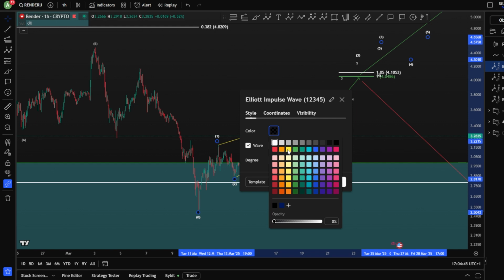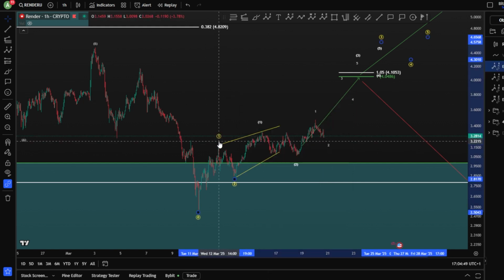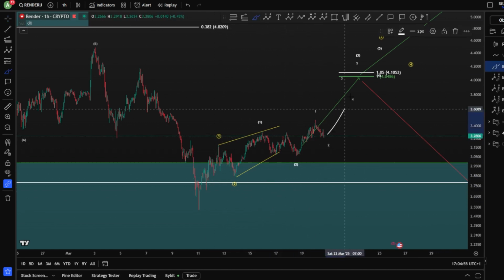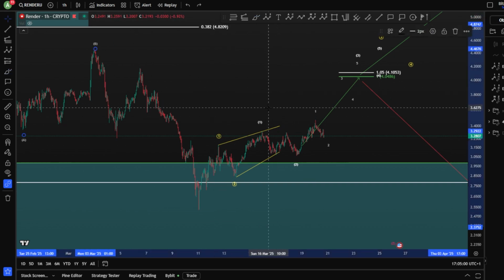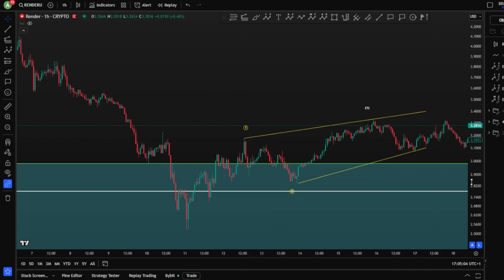Triple 1, 2s. Very, very nice for Render. Working perfectly with our blue box, the opportunity box, right? And we're looking for higher potentially right now. So if we want to check the healthiness of each wave 1, that's as far as I'm going with this.